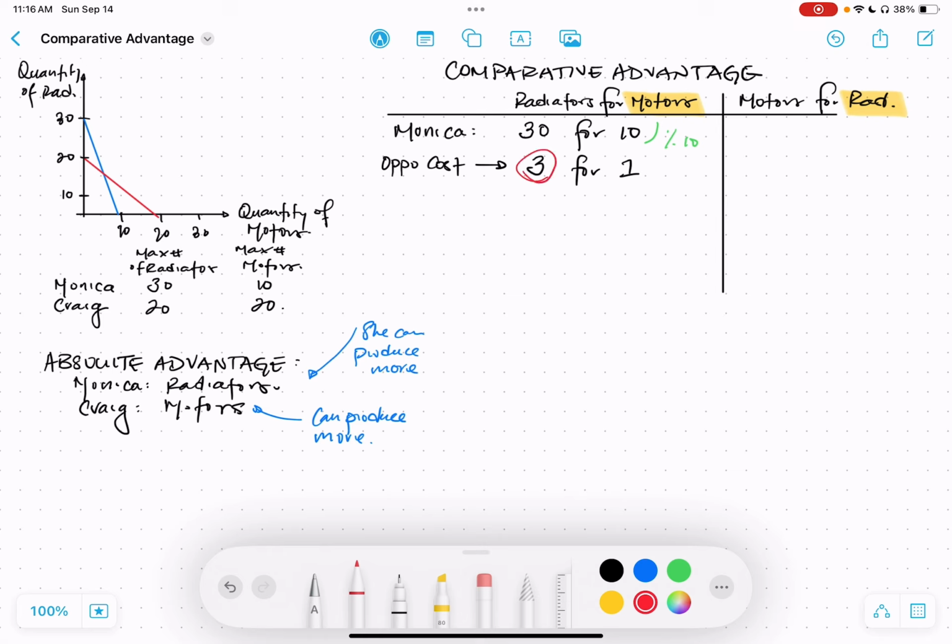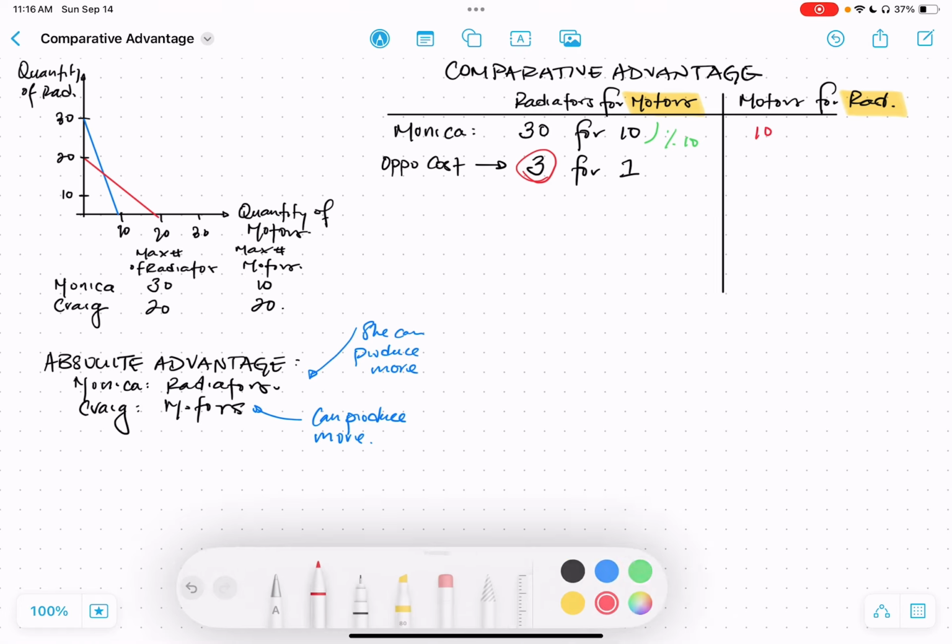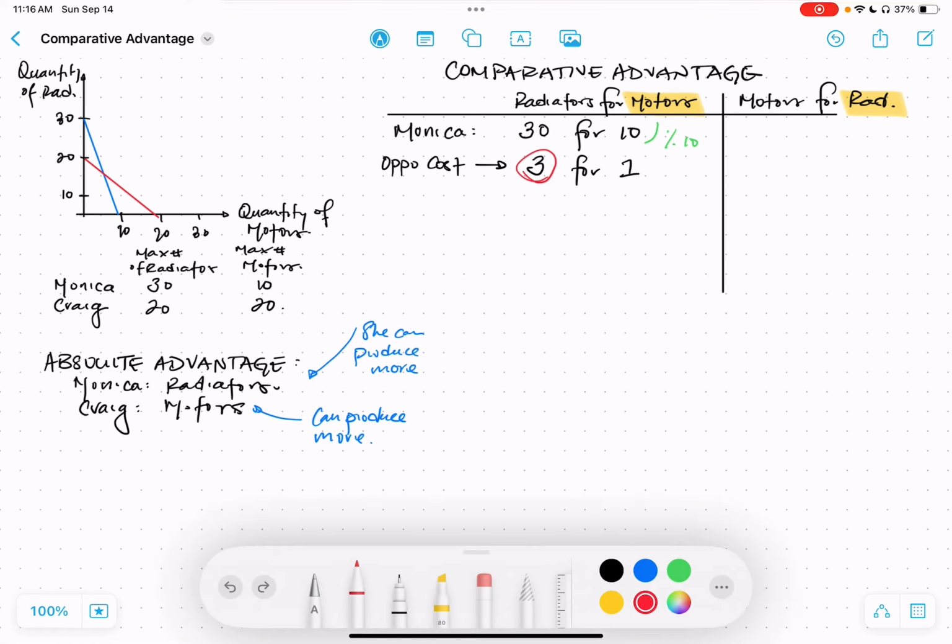Okay. Now let's do the same thing on the other side. She can produce 10 motors for 30 radiators. Now, we want to see what her cost for one radiator is, so we divide by 30. What we get is 1/3 of a motor for one radiator. So what does this mean?